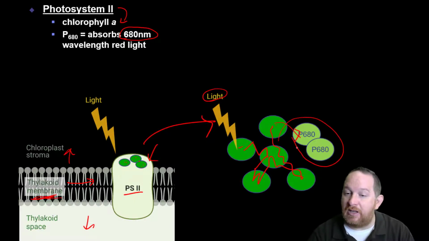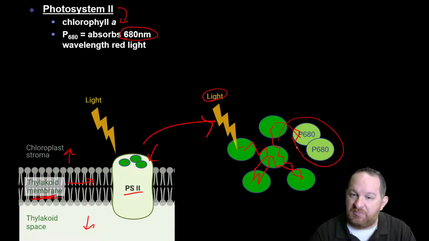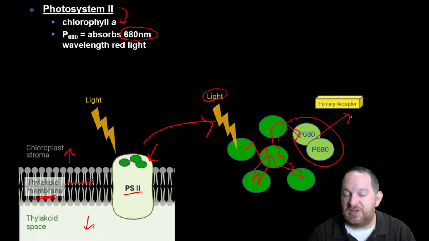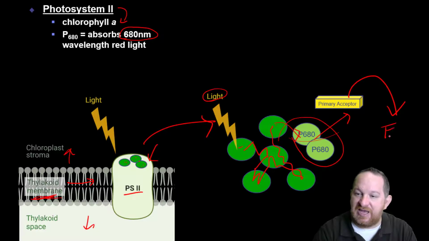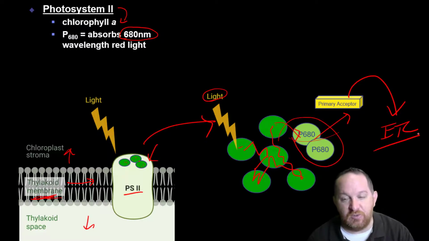The two main chlorophyll molecules, we call them P680. These are the ones that absorb specifically that 680 nanometers of light. Once they get here, then those electrons will be sent to something called the primary acceptor. That primary acceptor will then send things down the electron transport chain that we're going to look at here in a moment.